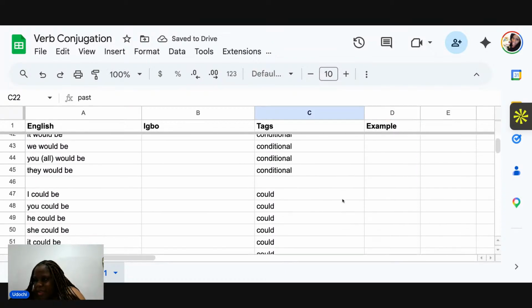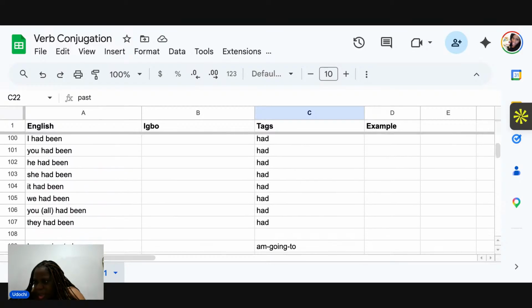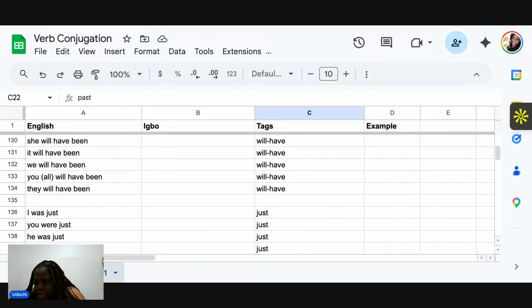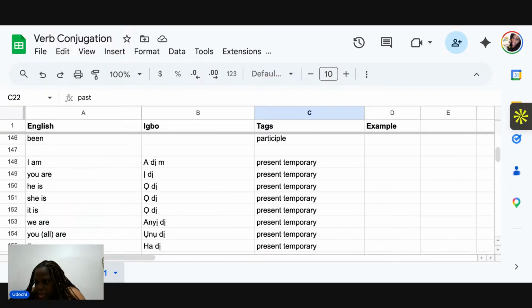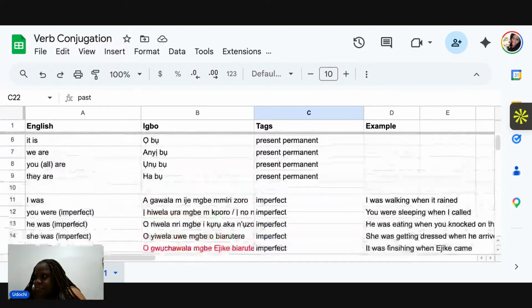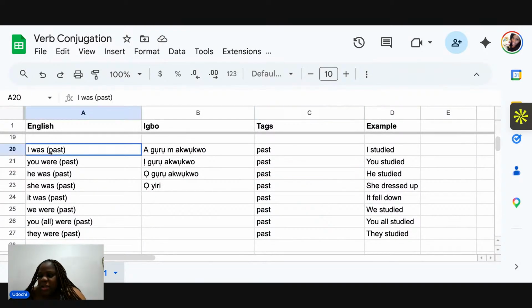Do we have an I did? I should be. I would have been. I could have been. I had been. I'm going to be. I was going to be. I will have been. What about I did? You know what I mean? I did. I think this guy is basing this on Latin languages.